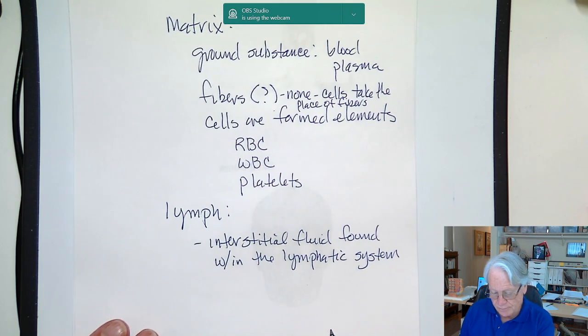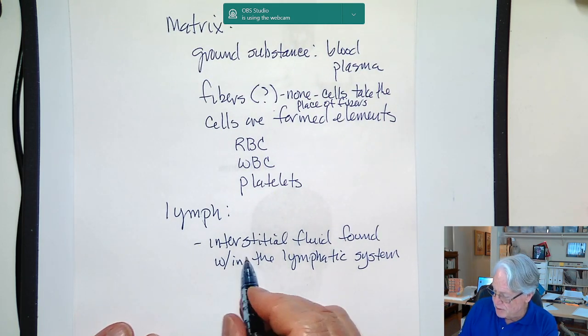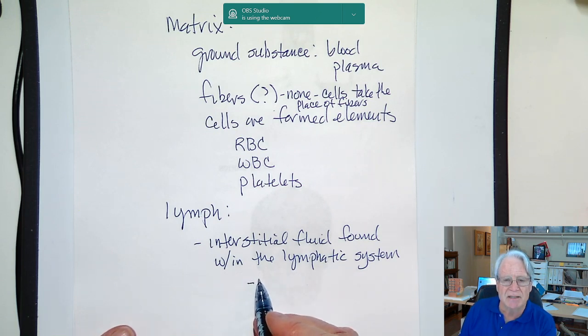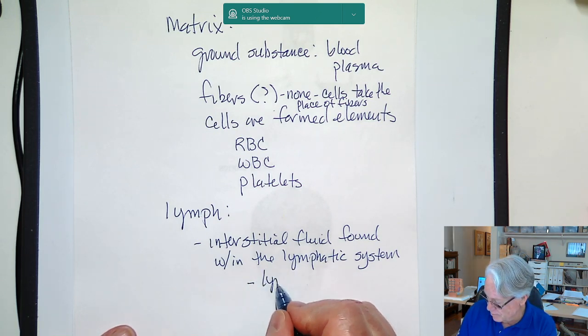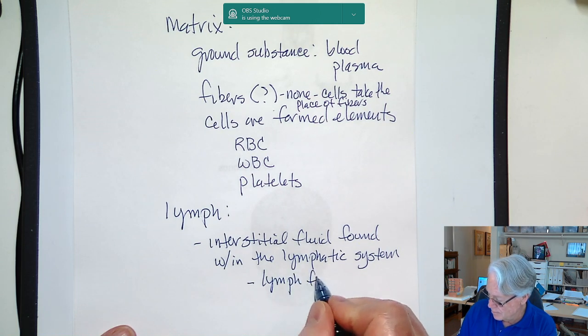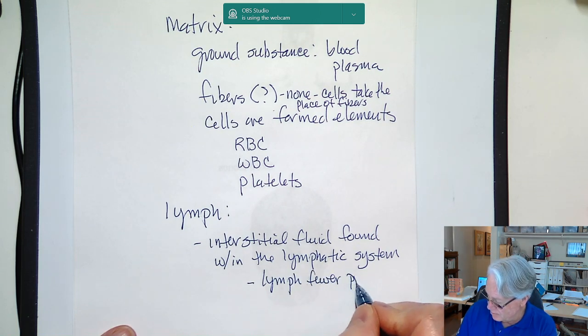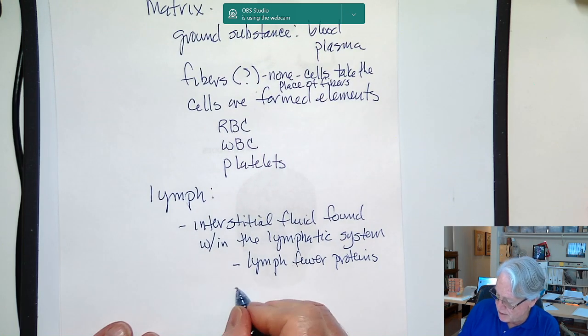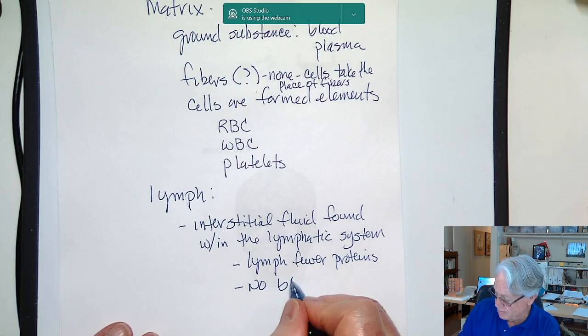The difference between the interstitial fluid and actual lymph is that lymph has fewer proteins, and it has no blood cells.